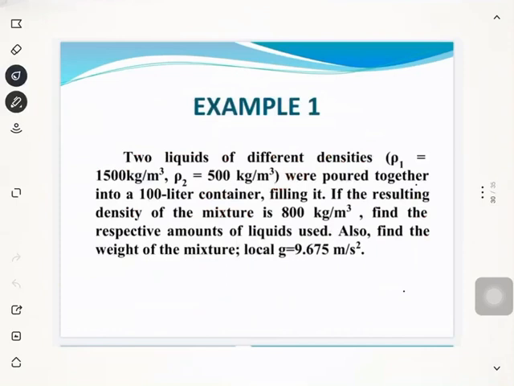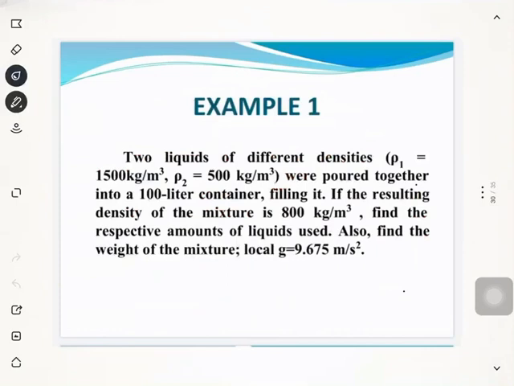Two liquids of different densities, given density 1 equivalent to 1500 kilogram per cubic meter, and density 2 equivalent to 500 kilogram per cubic meter, were poured together into a 100-liter container, filling it. If the resulting density of the mixture is 800 kilogram per cubic meter, find the respective amounts of liquids used.